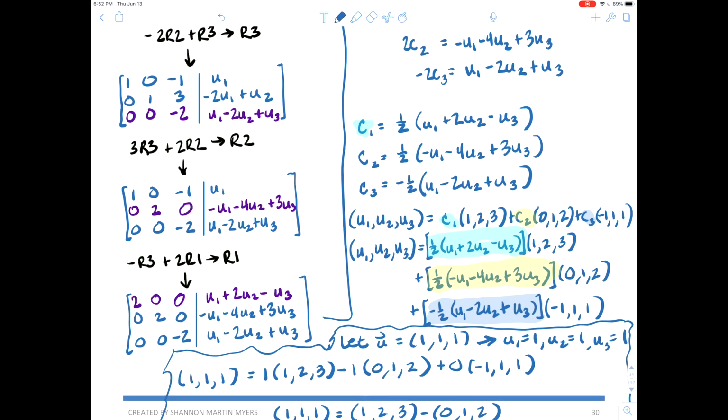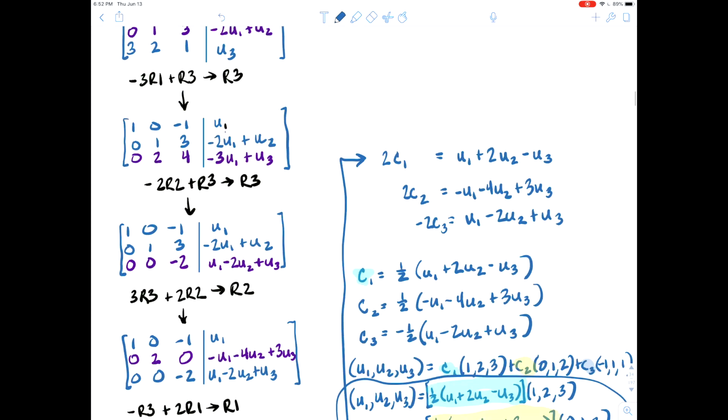But what we found here, this answer told us, hey, yes, this is a spanning set, because we can represent any one vector in R3 using a linear combination with this relationship.